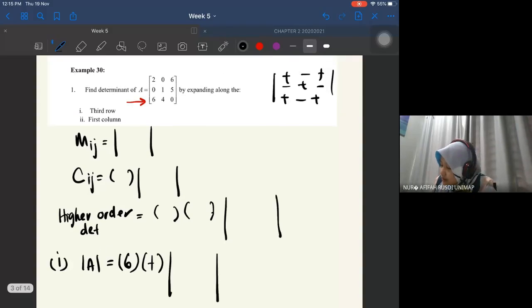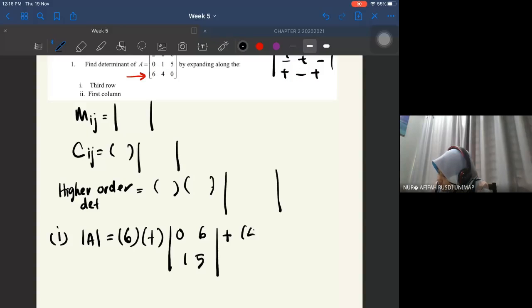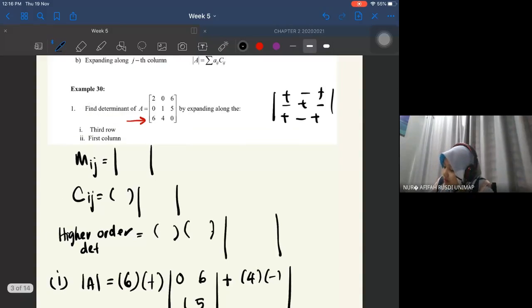So what is inside here? Saya akan cancel row 3, kolom 1. So I will have 0, 6, 1, 5. Plus, the second value is 4 and the symbol is negative. So what I have inside here, saya akan cancel row 3, kolom 2.